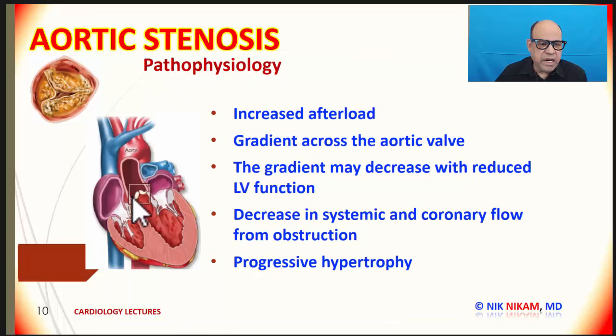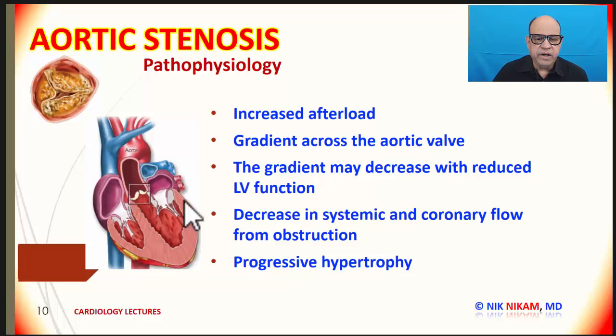Pathophysiology. Because of the narrowing of the aortic valve opening, there is resistance to the flow of blood across the aortic valve. So we have an increased afterload. This increased afterload creates a gradient between the left ventricular cavity and the aorta.